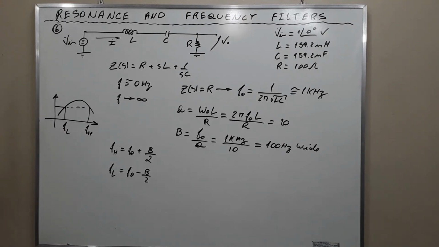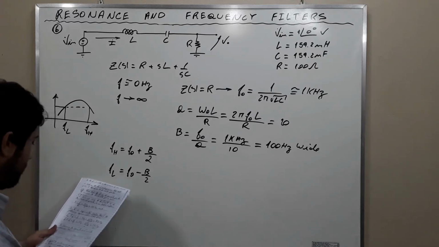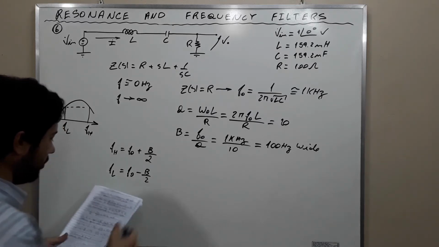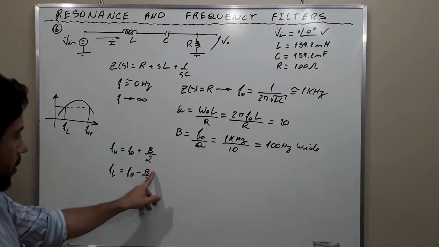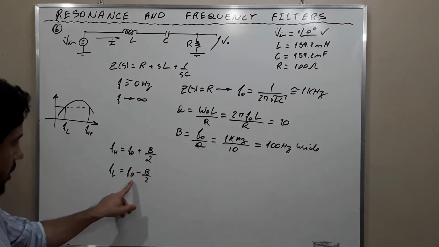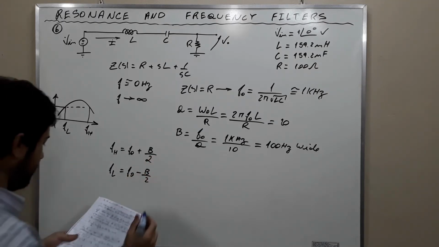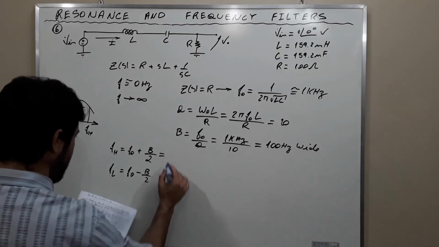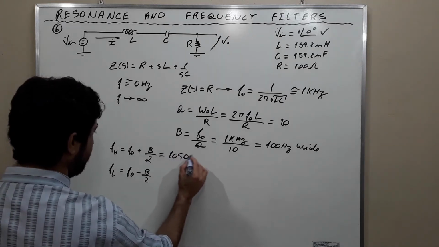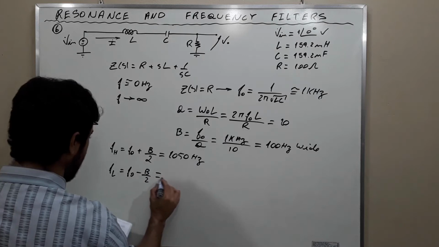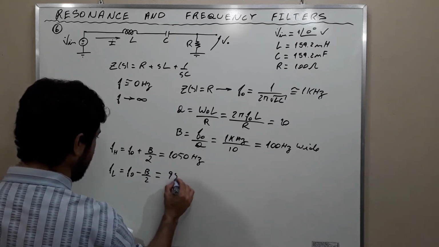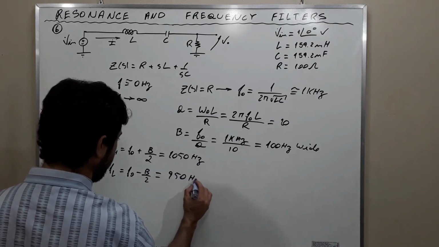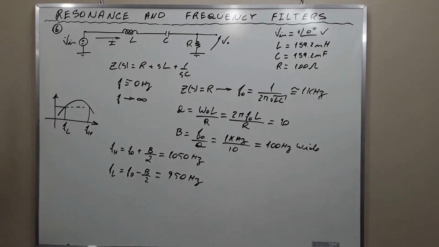All right, and if we use the values of B and F0, we find that FH is 1050 hertz and FL is 950 hertz. Okay? These are the half power frequencies.